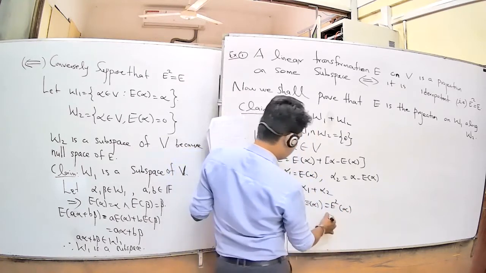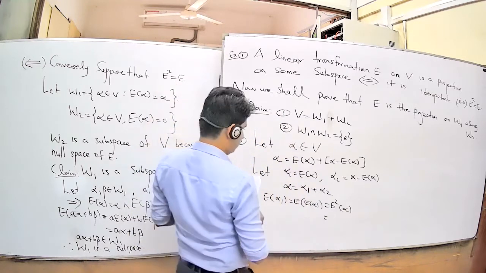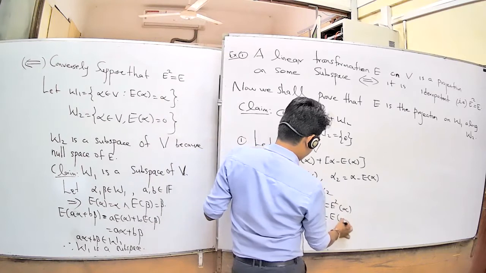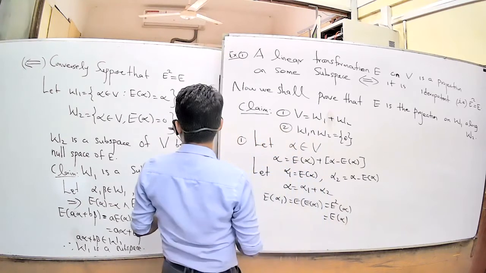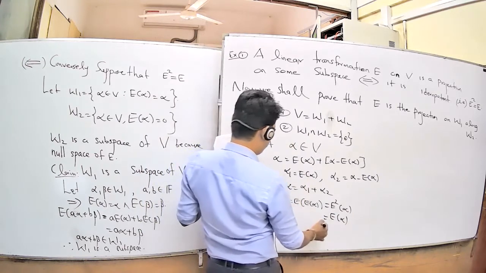Using the assumption E squared equal E, E squared alpha equals E alpha, and we already know that E alpha equals alpha 1.